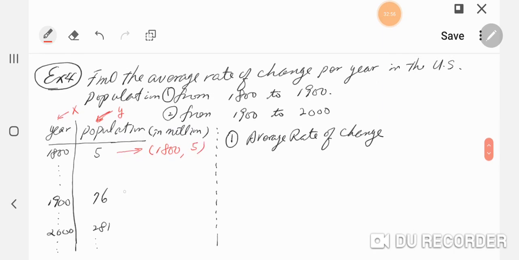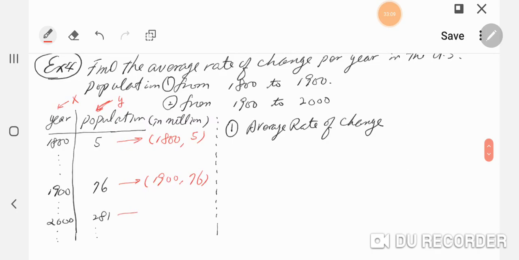Then in 1900, the x value will be 1900, and the y value is 76 million. So y values are in millions. Okay, the ordered pair for 2000 is x is 2000, y is 281.